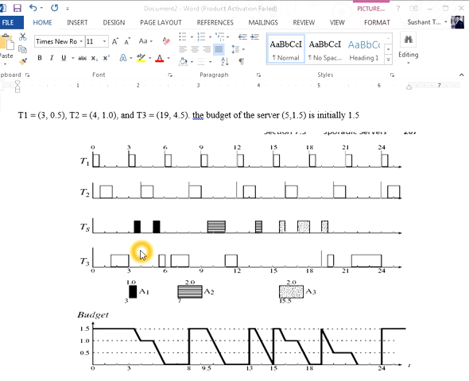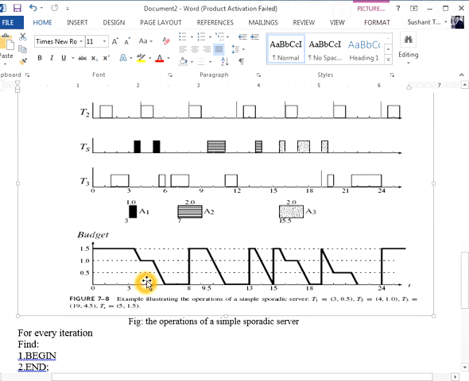So now let us look at the budget chart. The budget chart shows that the budget has already been replenished initially at 0, so TR here will be 0. A1 arrives at 3, and so the server will become active at 3, but since it is executed only at 3.5, the end for this budget will be 3.5 and the begin will be 3.